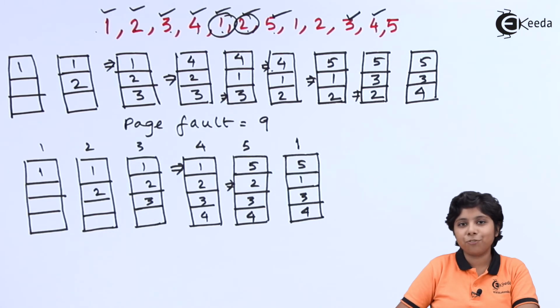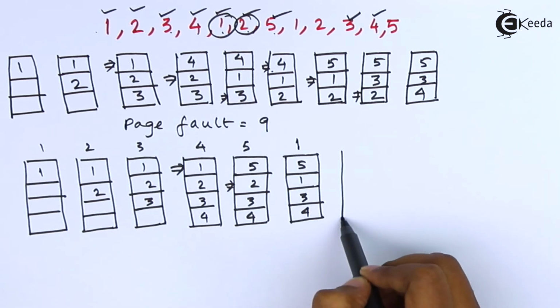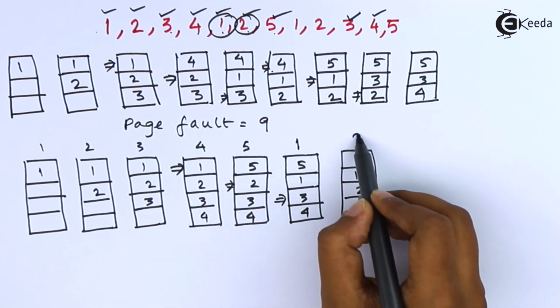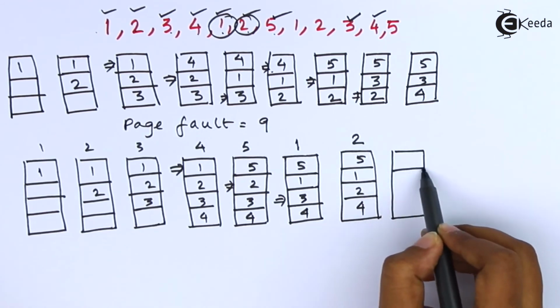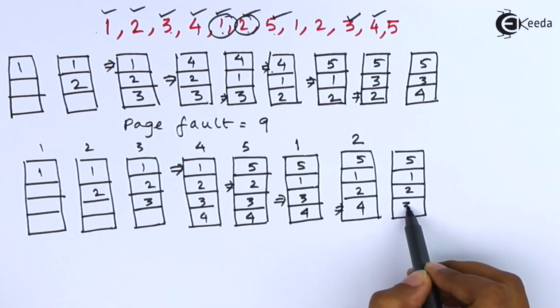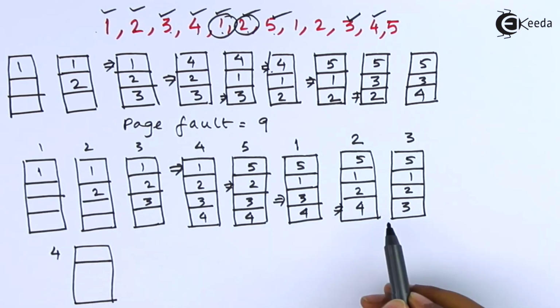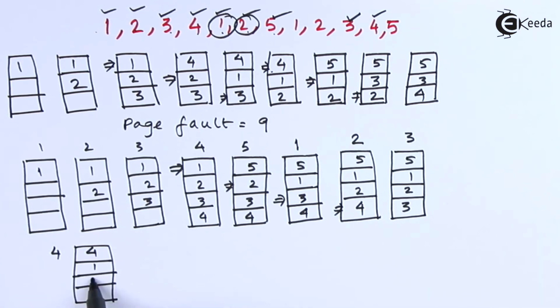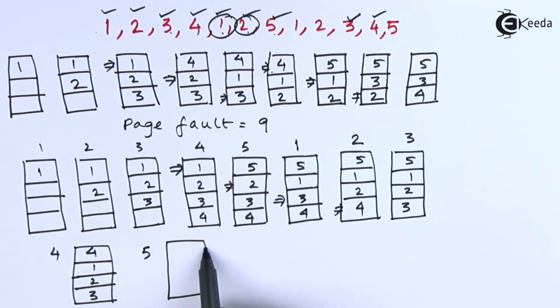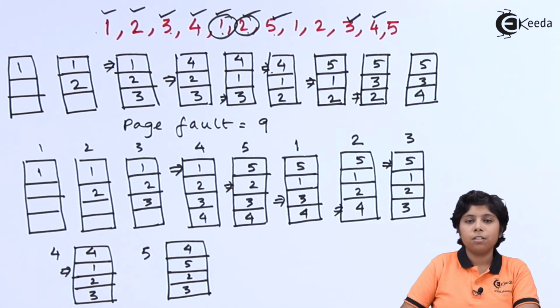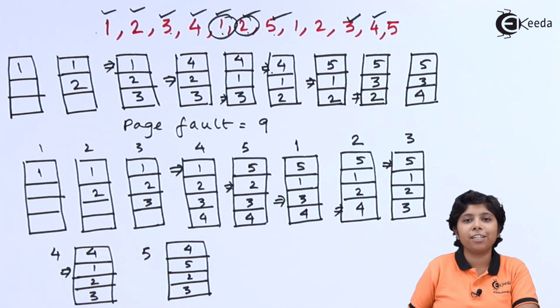Now 2 will cause a page fault, and 3 will cause a page fault, and again 4 will cause a page fault. So as we can see, the number of page faults here is 10.